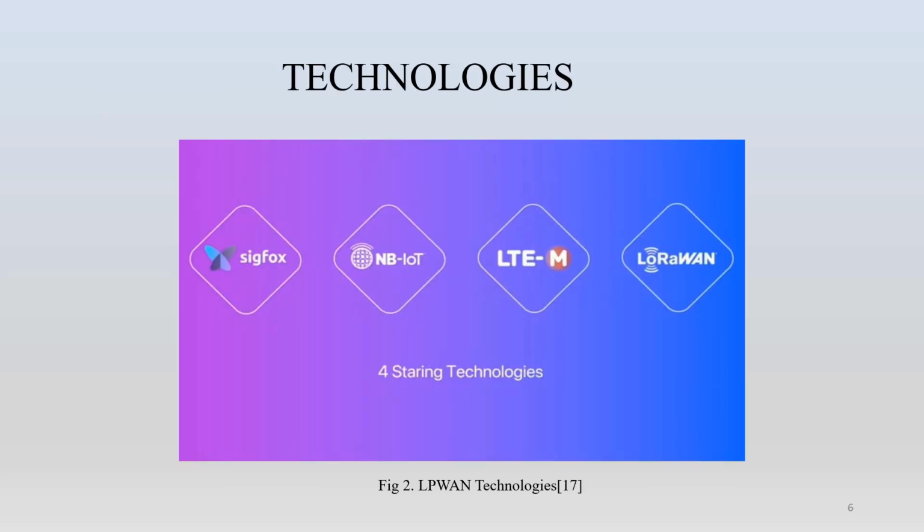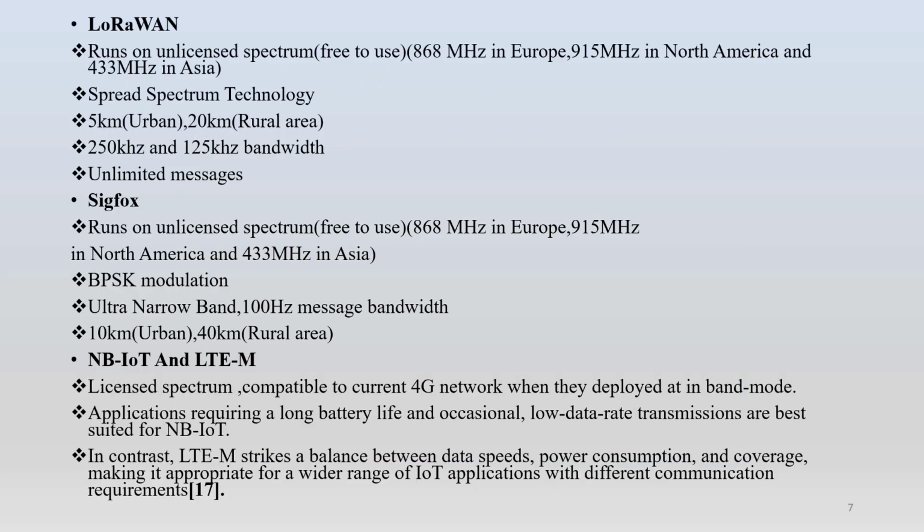In the technology part, it contains four steering technologies, that is Sigfox, LoRaWAN, NB-IoT, LTE-M. Coming to LoRaWAN, it operates on the LoRa modulation technique. Semtech developed LoRa as one of the primary technologies in LPWAN, which enables long range, low power and reduced data rate.